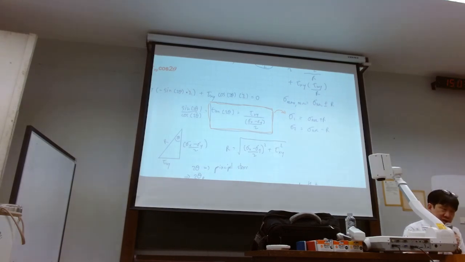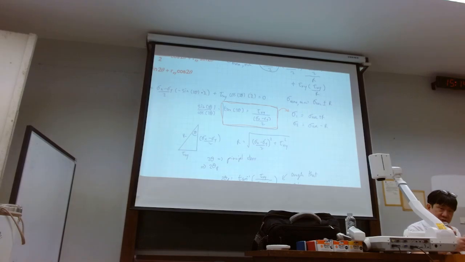And we'll find the location associated with that by doing the substitution. You're doing the substitution of the data that you found, and we'll find out whether or not they're one or the other. Now, theta P1 will definitely give you sigma 1.